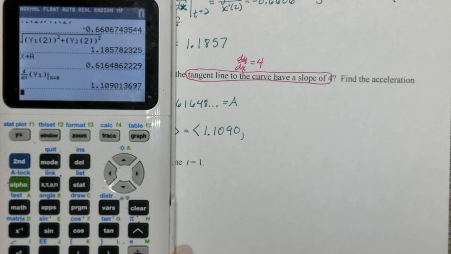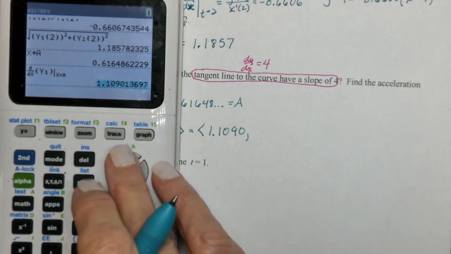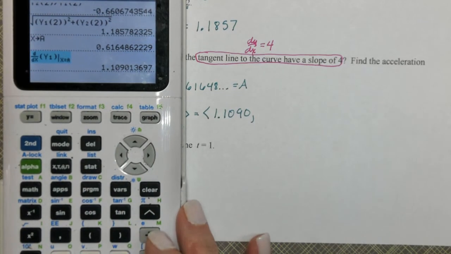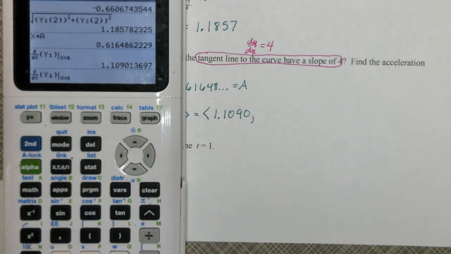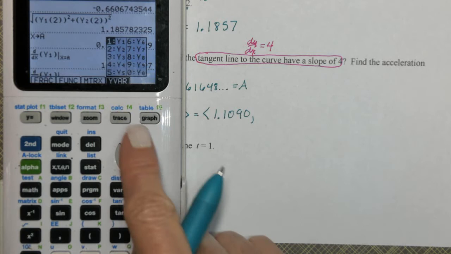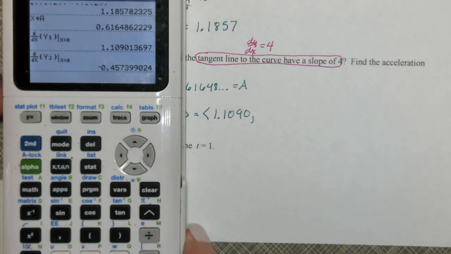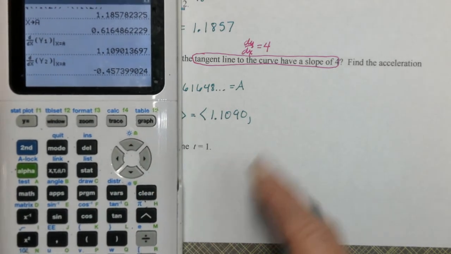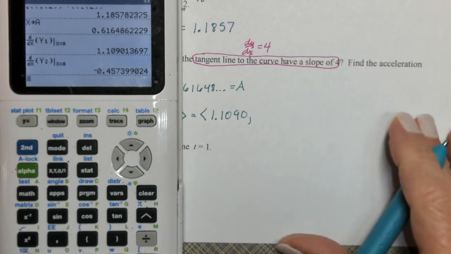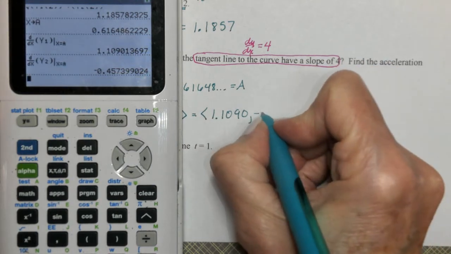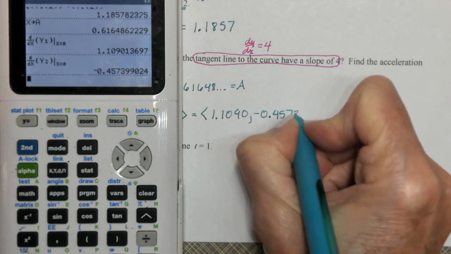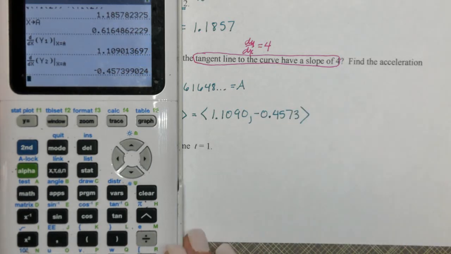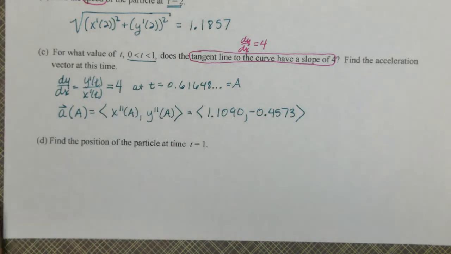And then to get y2 in there, I'm going to scroll up so I don't have to retype the whole thing again. Scroll up, hit enter, and then go over and change y1 to y2 and get the y component of the acceleration vector at time a. At least 3 values after the decimal point.